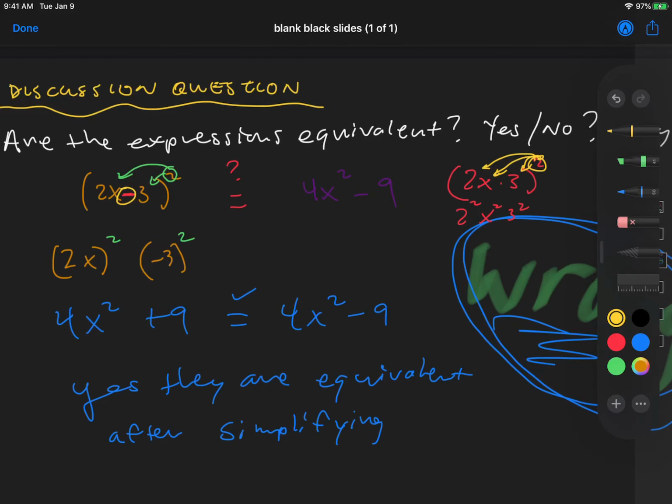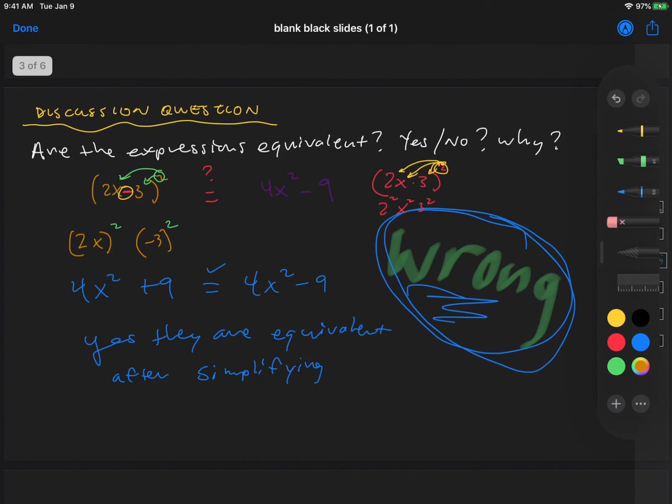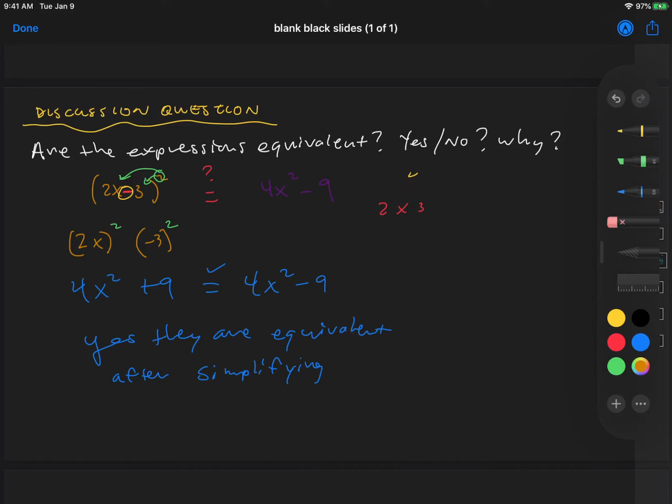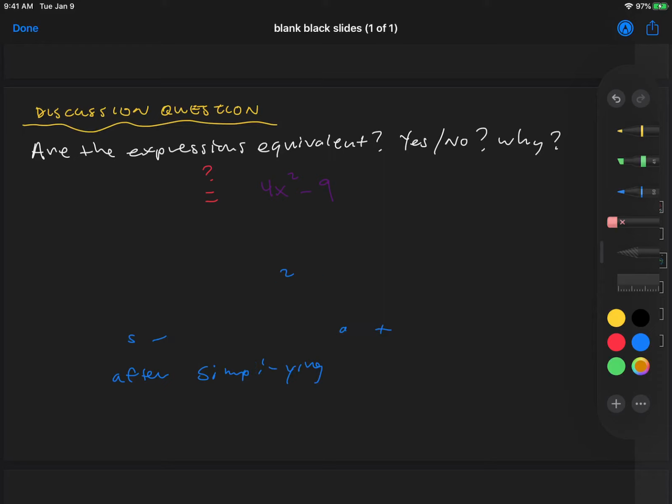So let's do this question properly. Erase, erase, erase. Go, go, go. 2x minus 3 squared.